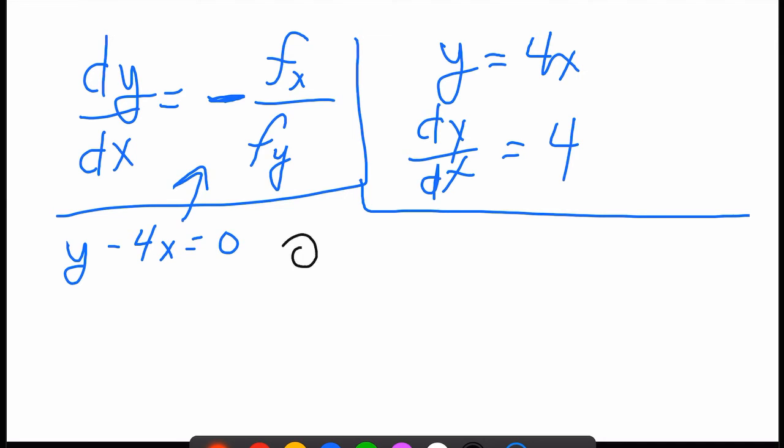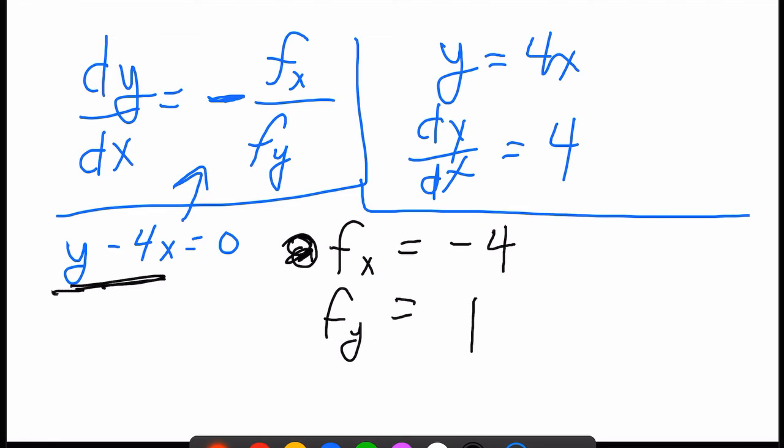So I need f of x, which is the partial of this equation with respect to x, which is minus 4, and the partial of this with respect to y, which is 1. Do we all agree? Either way.